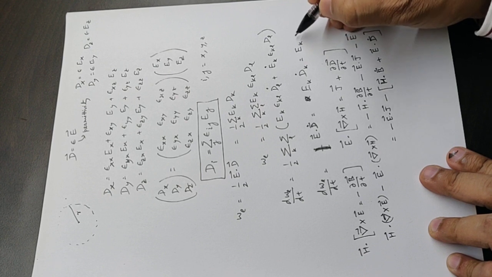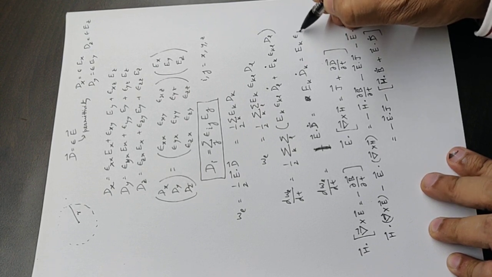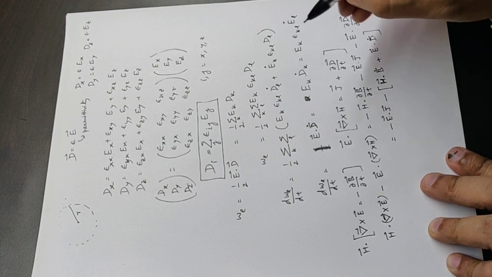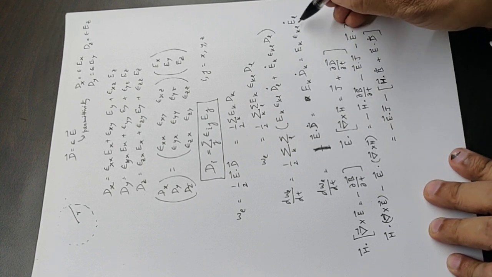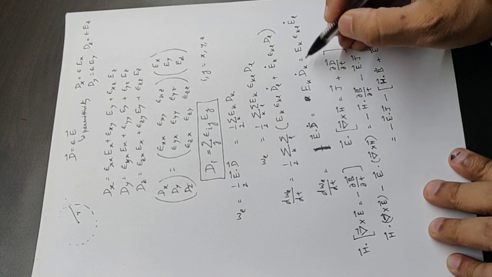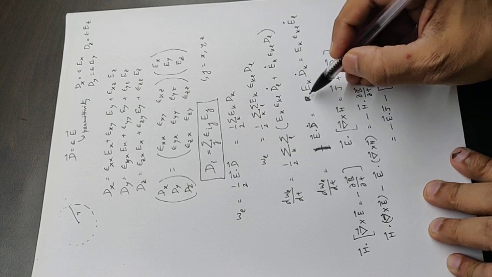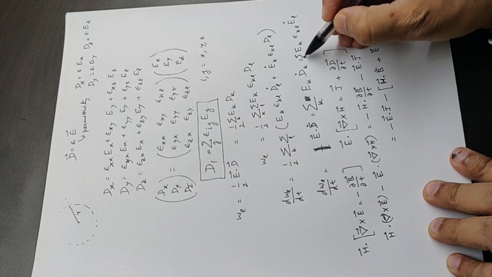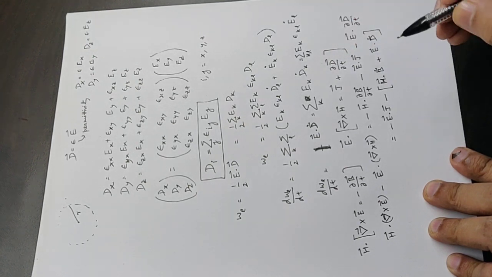dk dot would become epsilon KL and EL dot, and this is again summation over K and L both, because this was summation over K and this would be summation over K and L both.